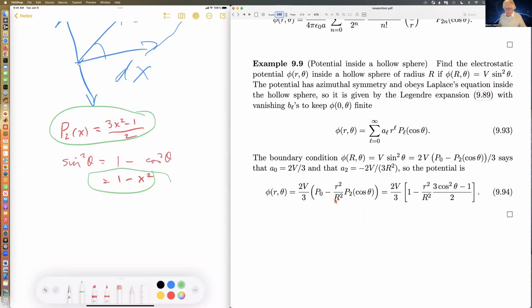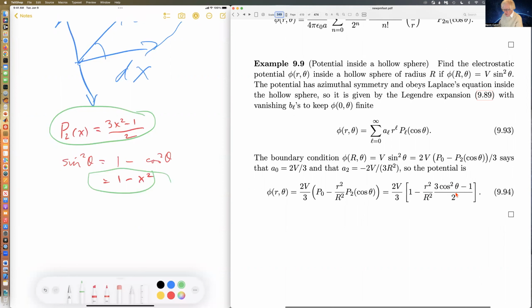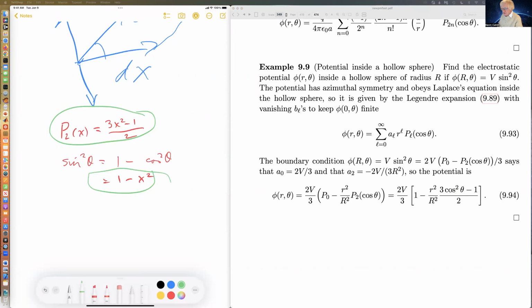Anyway, so what we wind up with then is this expression, 2V over 3 times (P0 minus r squared over big R squared P2 of cosine theta), and then 2V over 3, 1 minus r squared over capital R squared times (3 cosine squared theta minus 1 over 2). I should probably put a parenthesis around this. So let me do that live.